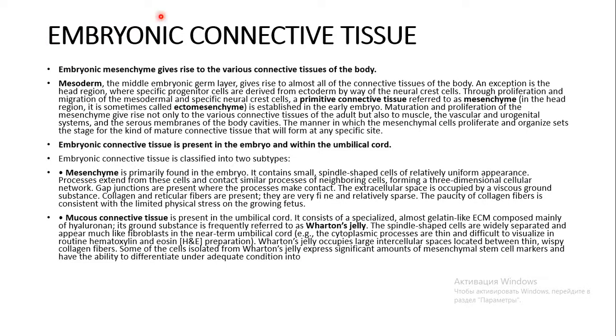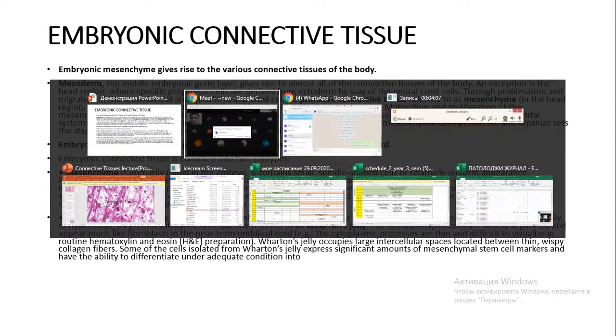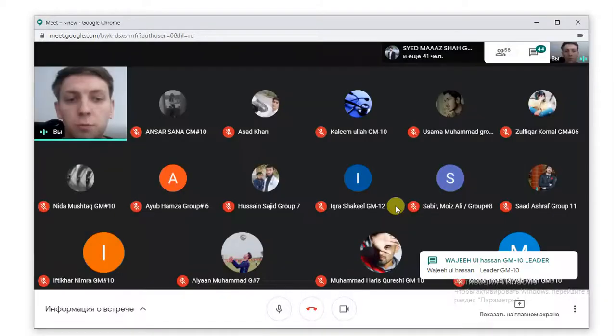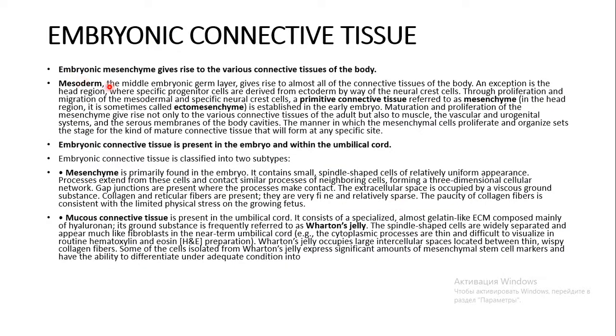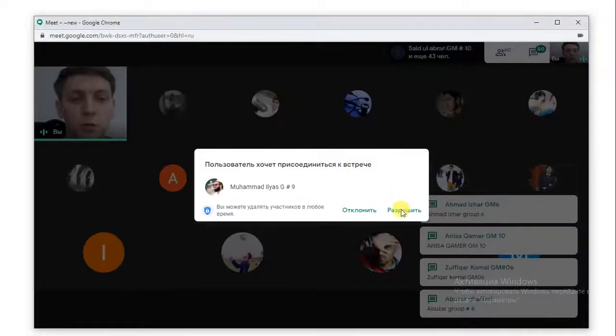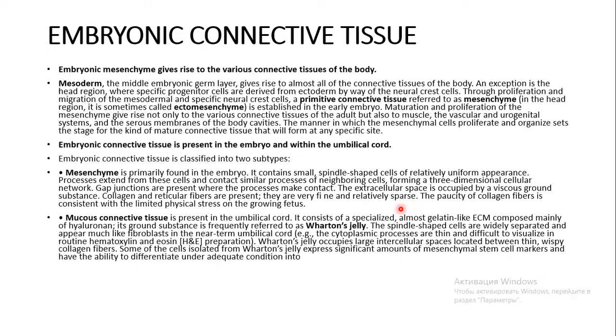Then let's talk about embryonic connective tissues. So what is embryonic mesenchymal tissue? In the previous semester we discussed embryonic mesenchyme, which is mesodermal cells produced during the formation of the third embryonic layer, the mesoderm, and cells of this mesoderm form the embryonic mesenchymal cells.